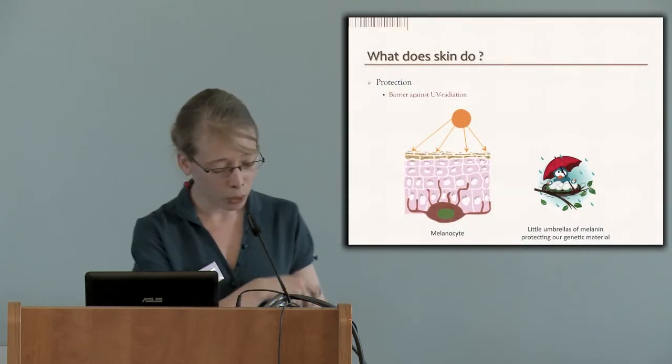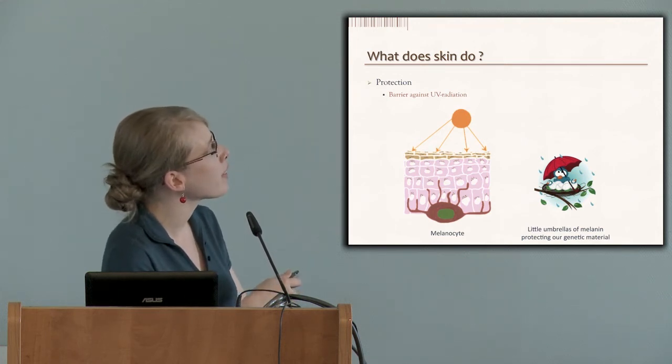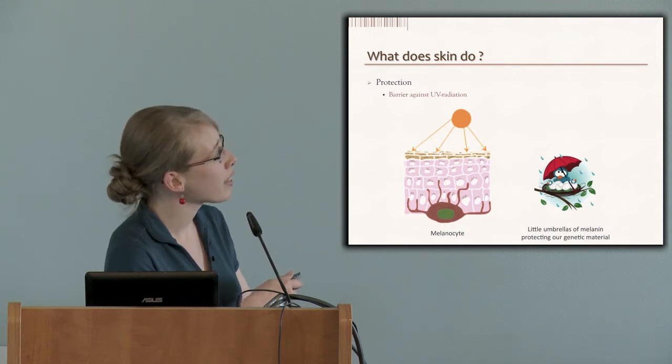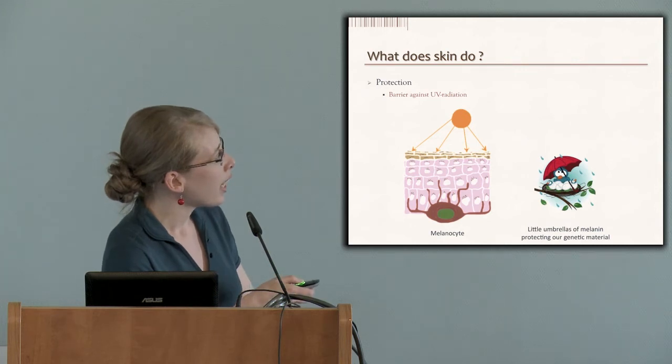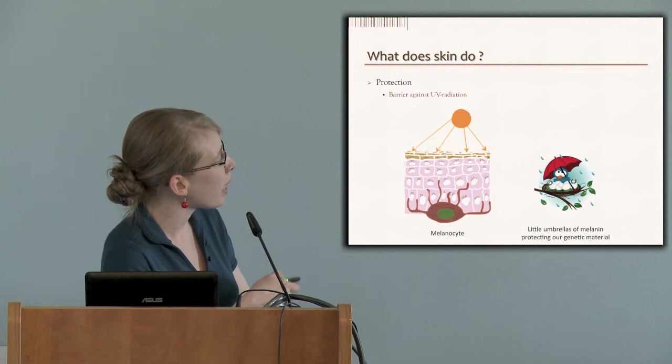We are already at, I think, the fourth reason why skin protects us: skin also forms a barrier against UV radiation through sunlight. This is mainly done by the melanocyte, which is laying at the bottom of the epidermis.